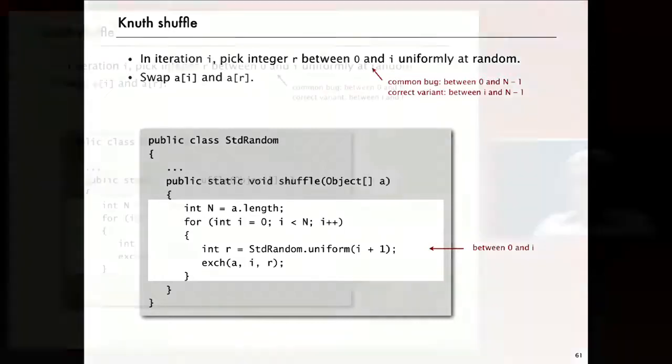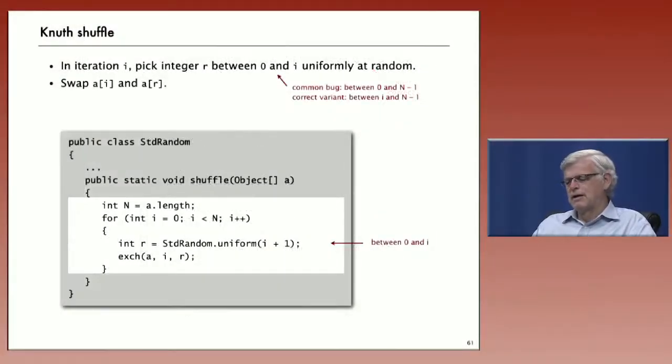That doesn't really work. You could choose among the items between i and n minus 1, the ones that you haven't seen yet, and that would also work. But doing the whole array doesn't give you a uniformly random result. With that one caveat, this code is almost trivial, and it's a method in our standard random class.